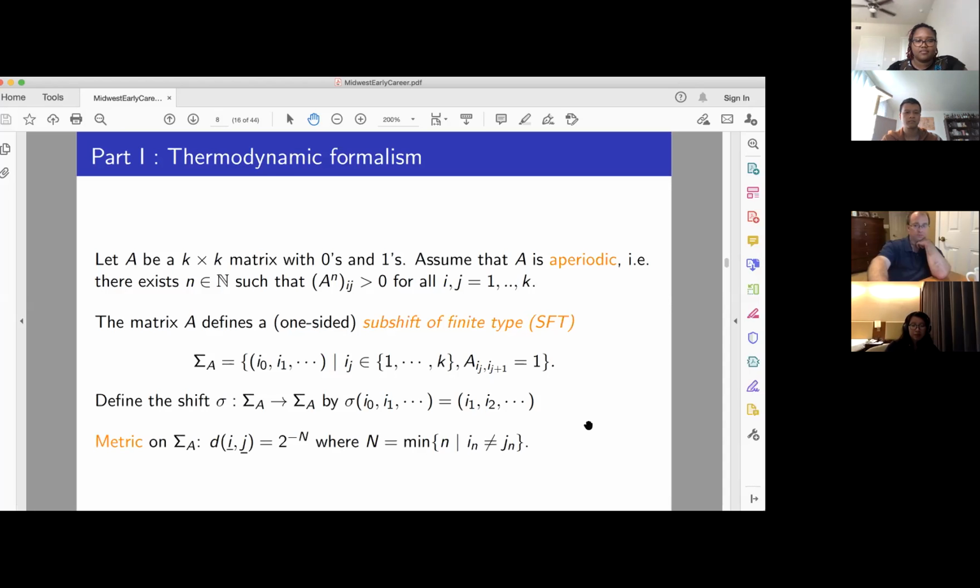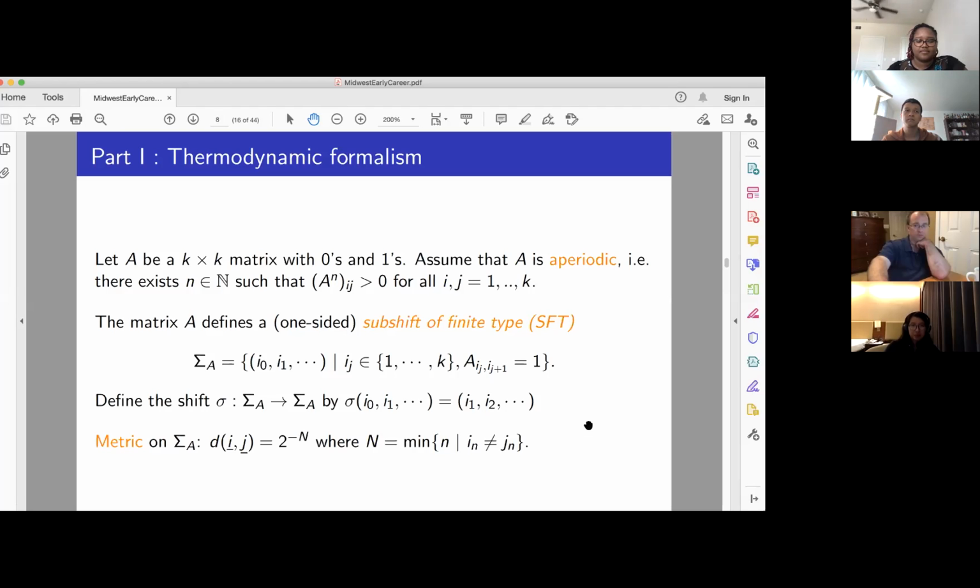This subshift of finite type, sigma sub A, can be equipped with a metric as follows. We take two sequences, i and j, and the distance between i and j equals 2 to the power of negative n, where this big N is the minimum position where i and j differ.